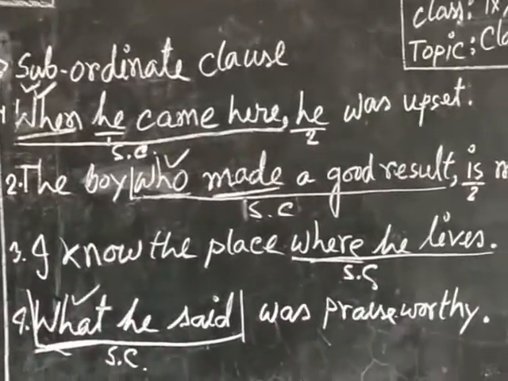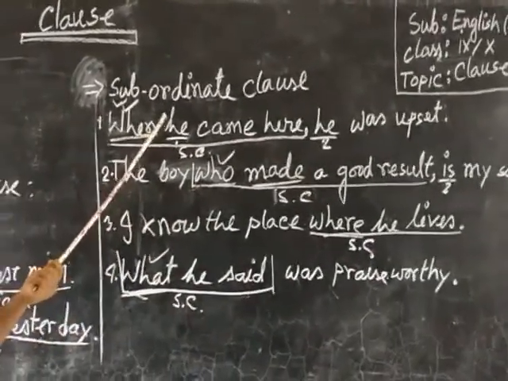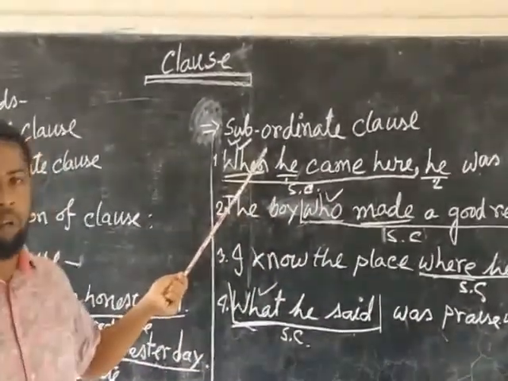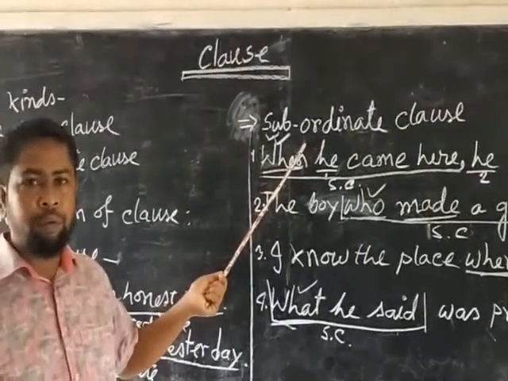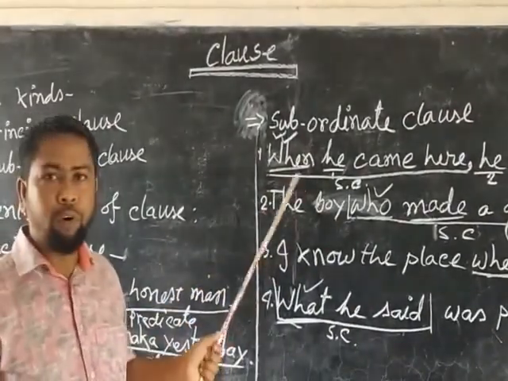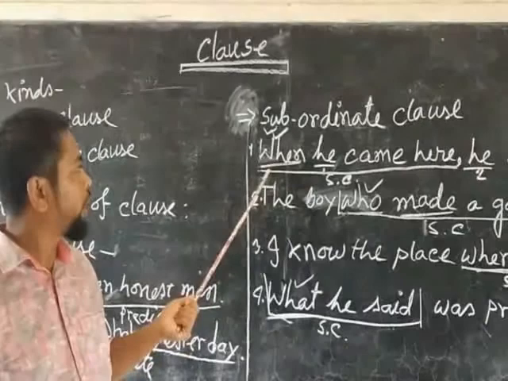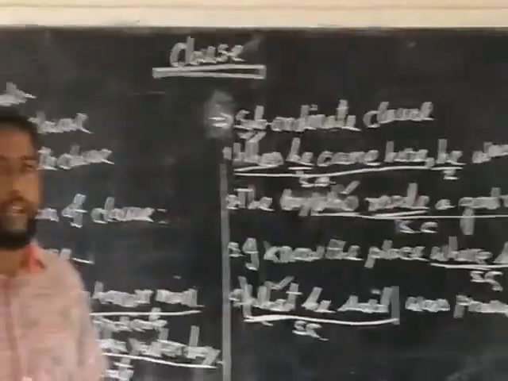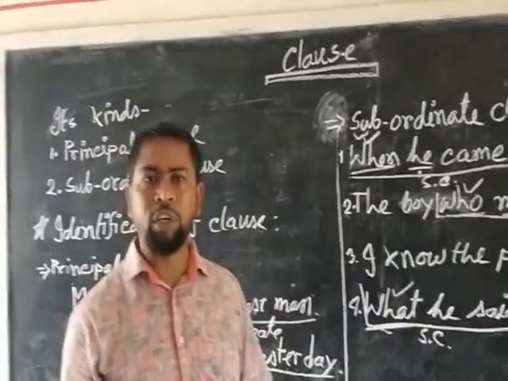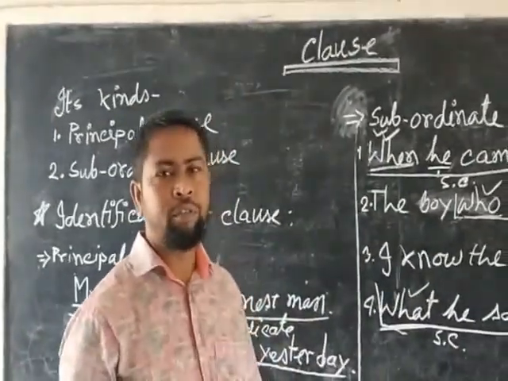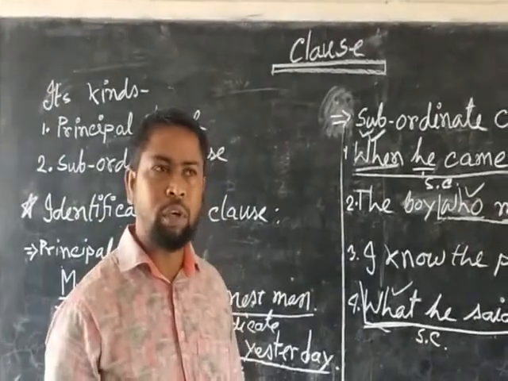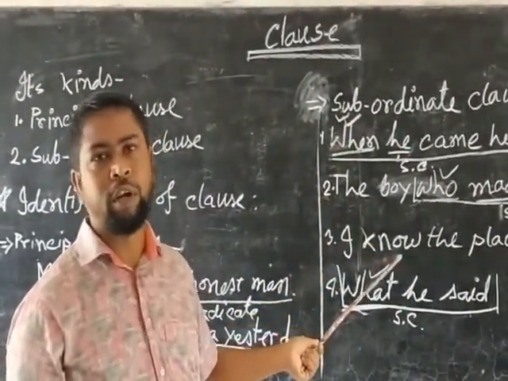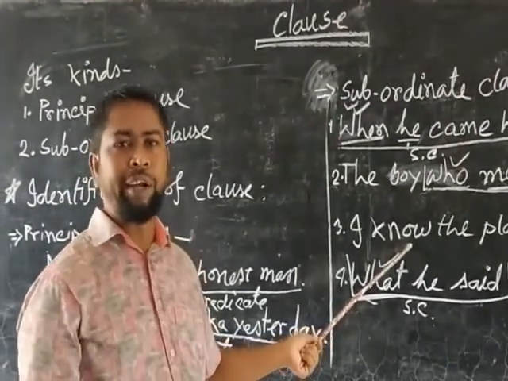In short, to identify the subordinate clause, we have to know the subordinating conjunctions: when, where, how, why, who, whom, whose, what, that, if, unless, till, until. A subordinate clause begins with these conjunctions and ends.